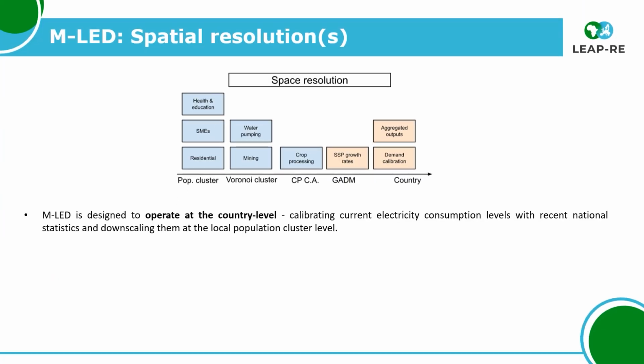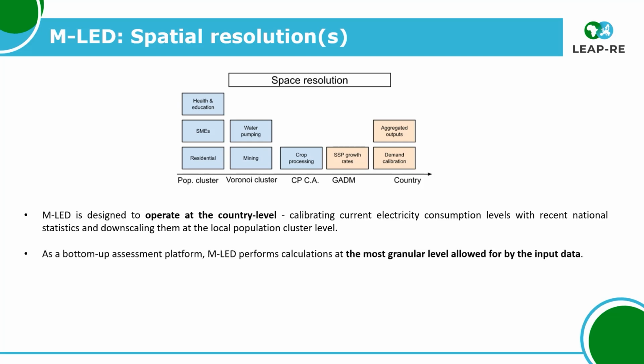In terms of spatial resolution, as you can see from the chart, MLED is designed to operate at the country level, so to calibrate the current electricity consumption level, the initial levels of consumption, with recent national statistics, and downscaling them, spatially distributing them at the local population cluster level. And being a bottom-up assessment platform, MLED performs calculation at the most granular level allowed for by the input data.